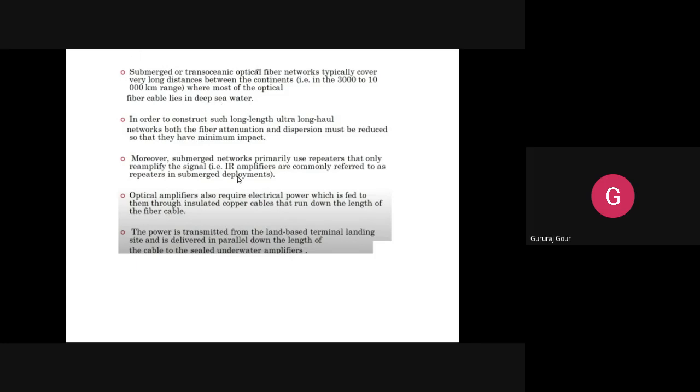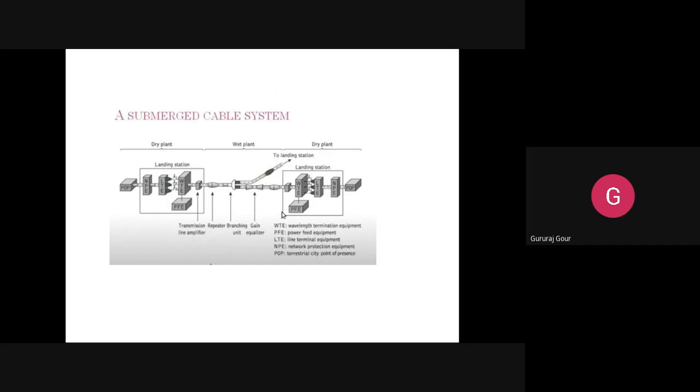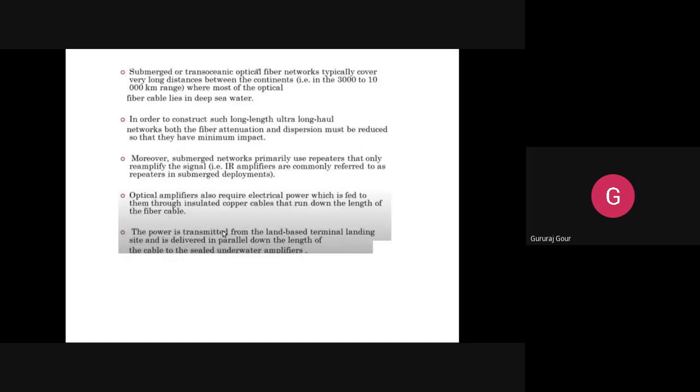Therefore, the cable you are going to lay inside the ocean should be of better quality. Therefore, ultra long haul networks are used, which are prone to fiber attenuation or dispersion. And the repeaters used inside this wet plant are just doing re-amplification.